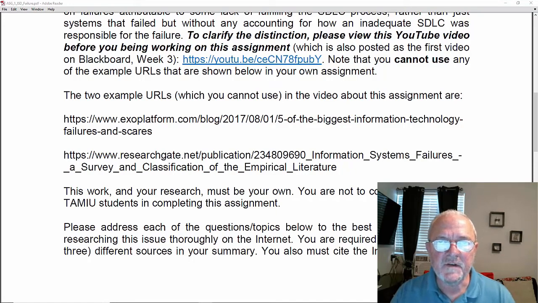Well, let's look at some examples of information systems failures that are and are not appropriate for the exercise.